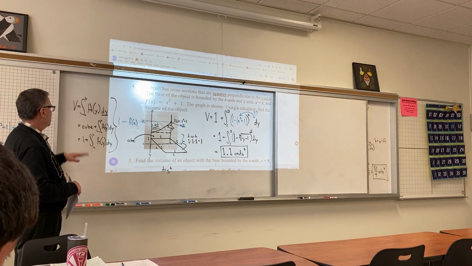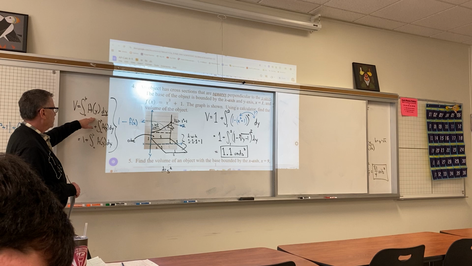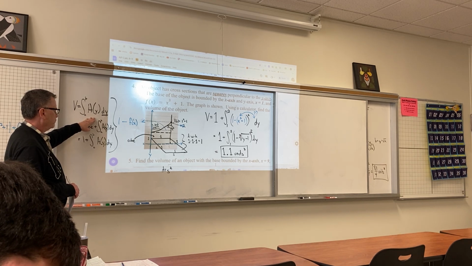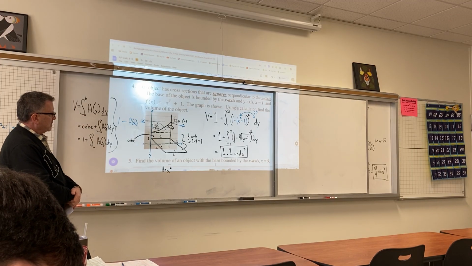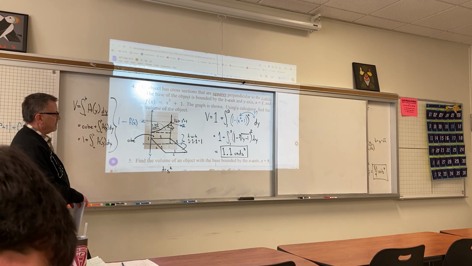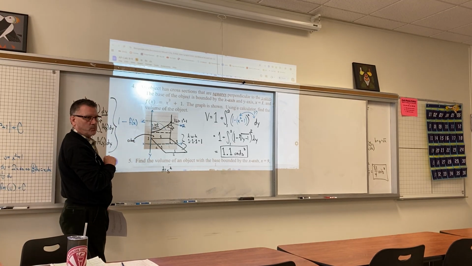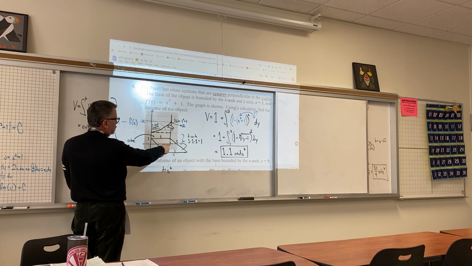Okay, and I know volume is going to be the integral from a to b of the area, side times side. I just need to figure out what the side is. As I look at this, I notice something. That graph, x cubed plus 1: when x is 0, y is 1, so it starts right there, and when x is 1, where it ends, y is 2.